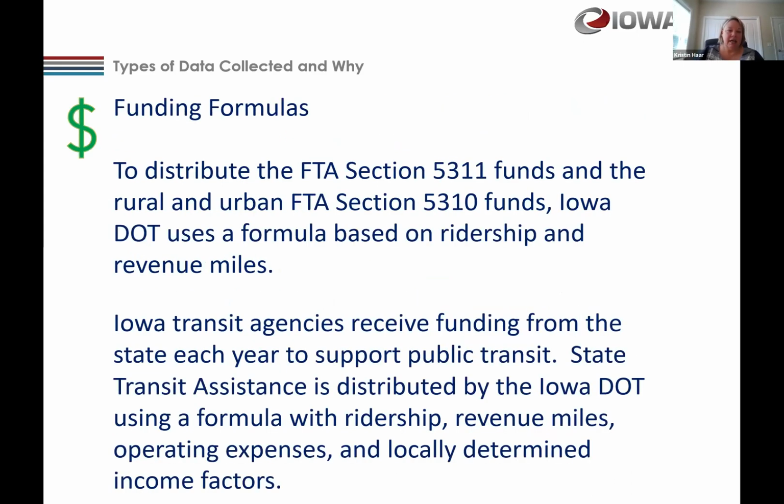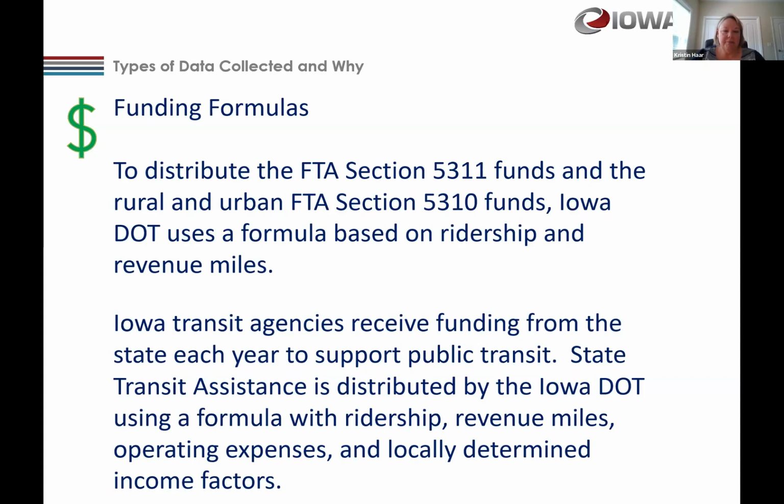But a lot of this data actually does serve a dual purpose. So we're not only collecting it for the National Transit Database. We use this data for several other things at the state level. So we use it to distribute our sections 5310 and 11 funding to our rural and urban areas in the state. We use a formula for that that's based on ridership and revenue miles. So that would have been collected through those statistics.